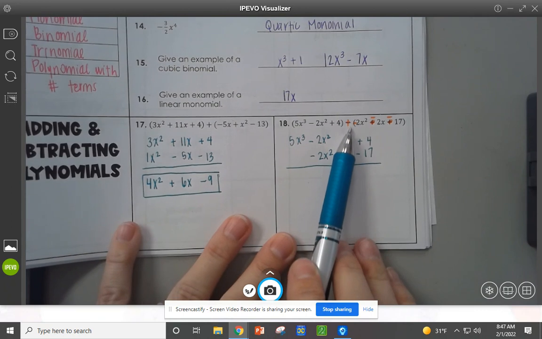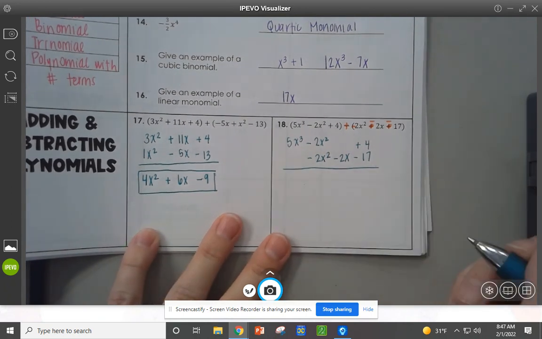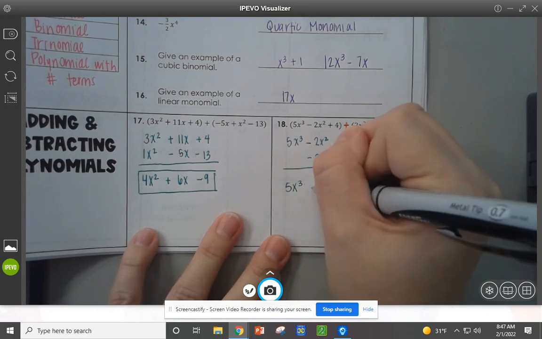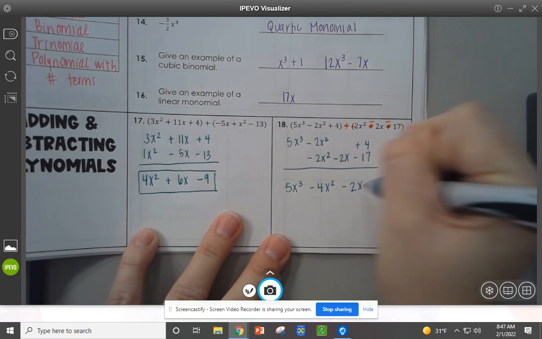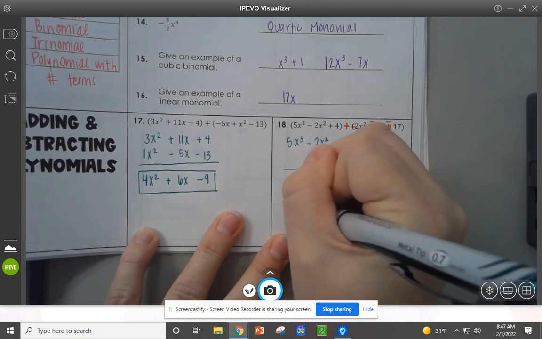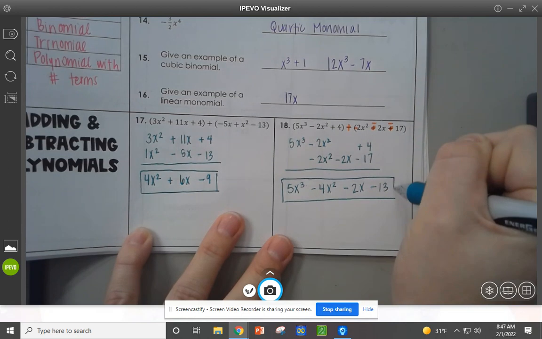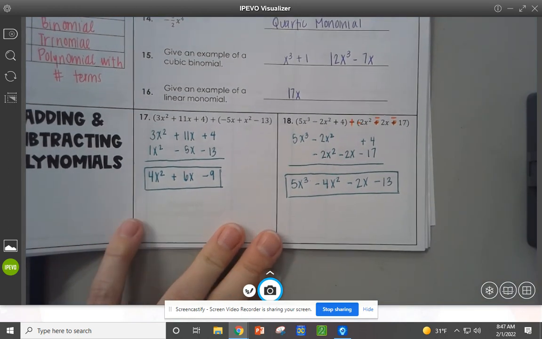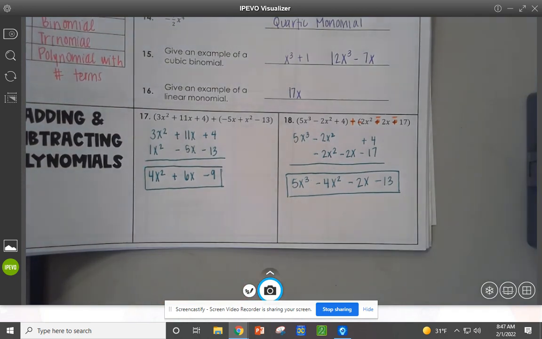And because I turn this into an addition problem, I can just add straight down. So we get 5x cubed minus 4x squared minus 2x minus 13. Any questions? All right, we will stop there.